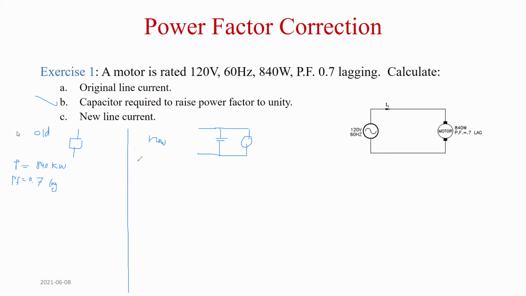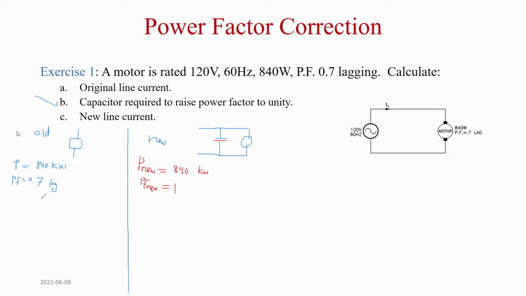The new here, P new, power is going to be the same. The motor will consume the same real power. New power factor, they ask me to raise it to 1, so it's 1. The capacitor here should raise it to 1.